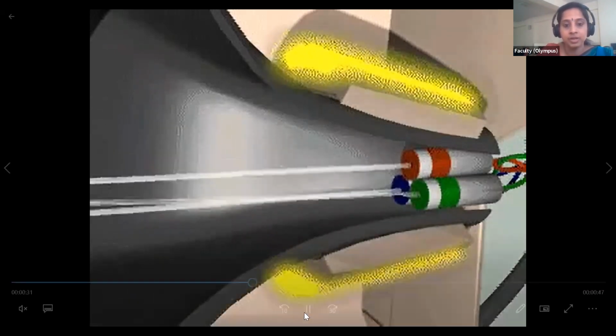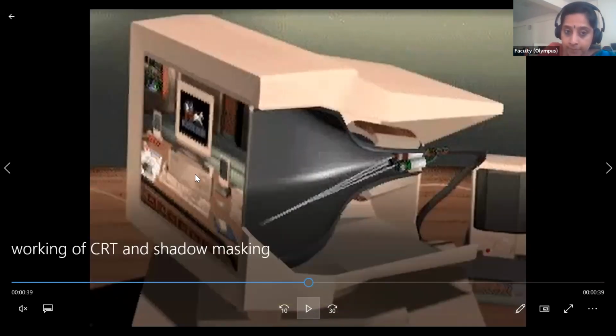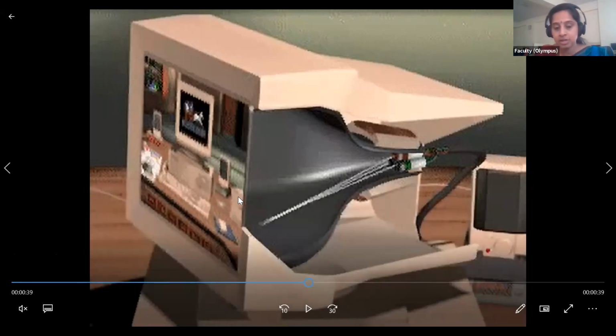See, now it is vertical and horizontal. I think you can't see the horizontal here. Now you see, the images are drawn here based only on the electron beam. Wherever the beam moves, on that particular part of the screen, light will be emitted. When the light is emitted, you will be able to see the image. Fine.